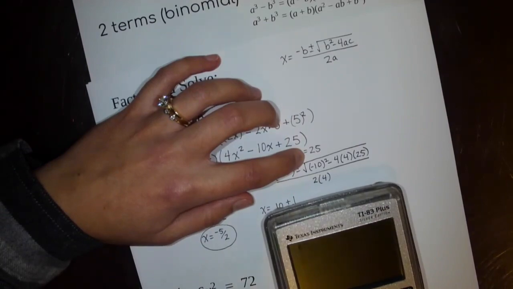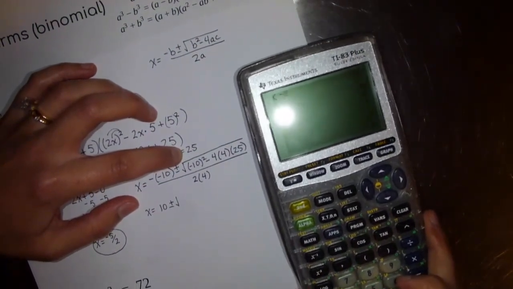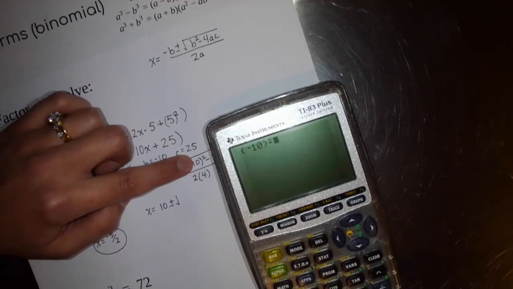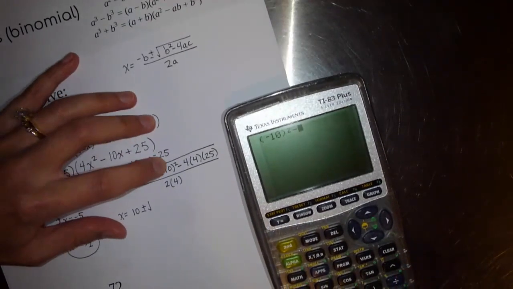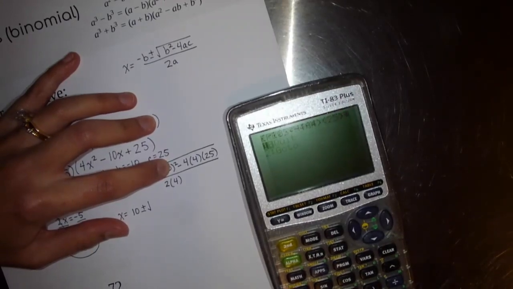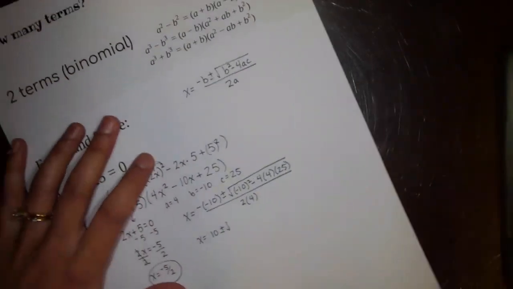So parentheses, negative 10 squared minus 4 times 4 times 25. Oh, shoot. Negative 10 squared minus 4 times 4 times 25. So that would be a negative 300.